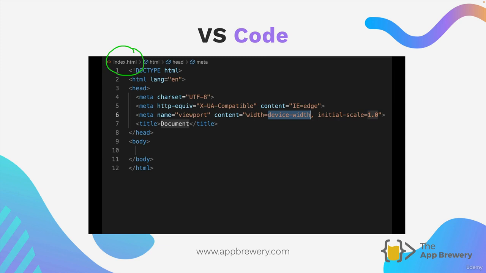There's a couple of things here that we haven't seen before, a couple more meta tags, and there's a lot of other meta tags. But here we've got one line here which says HTTP equivalent X-UA-Compatible content, i.e. Edge. This basically just keeps our code compatible with Internet Explorer. And in fact, I normally don't write this line anymore because Internet Explorer has been deprecated and is no longer in use.